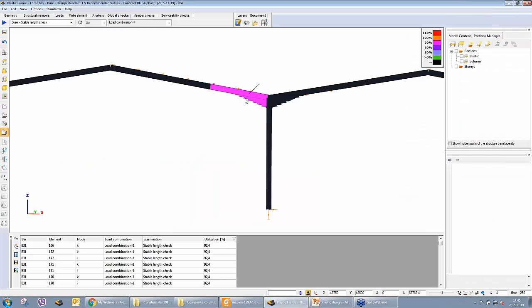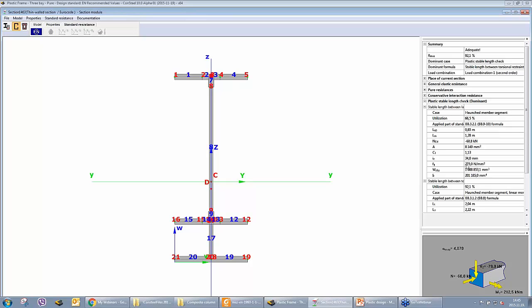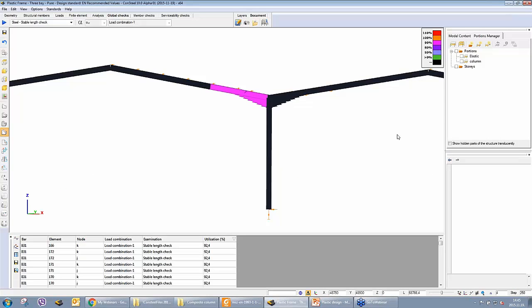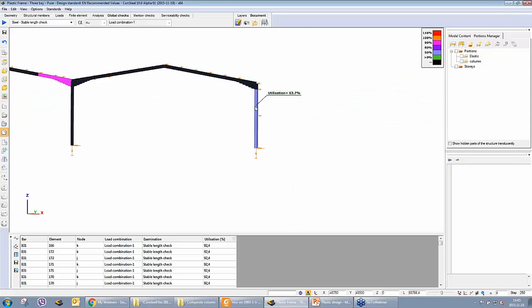And the same situation for the hinge, adequate between the torsional and also adequate between the lateral restraints. It is the same here and the same in the column.